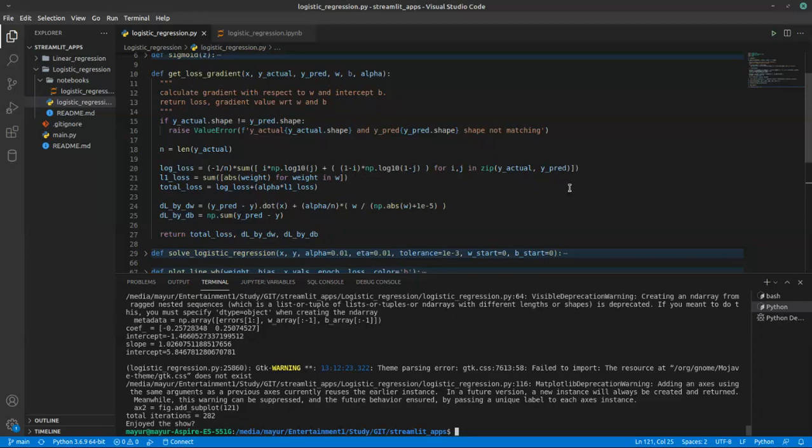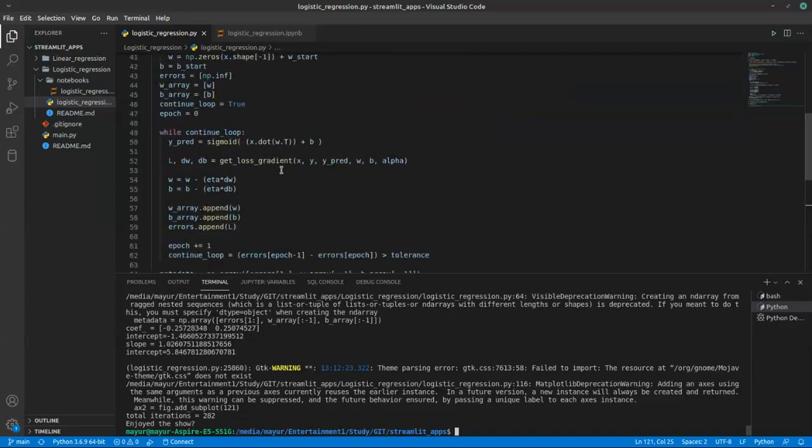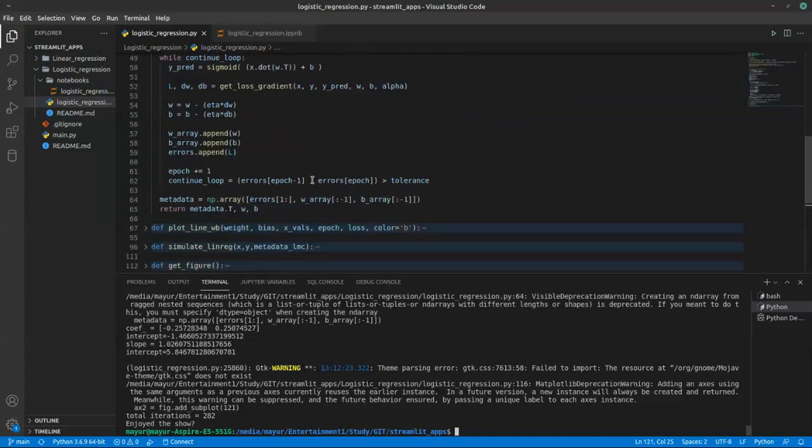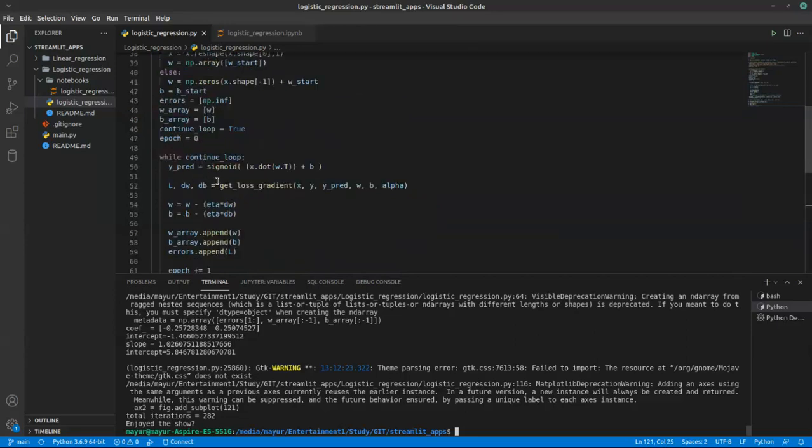So what's happening here is first we will initialize our W and B at any random point. You can try any random point. What we are doing here is we will calculate the loss gradient, dL by dB, the gradient with respect to the intercept, and try to update it using eta times dW.